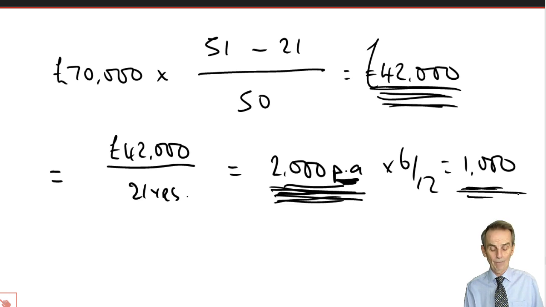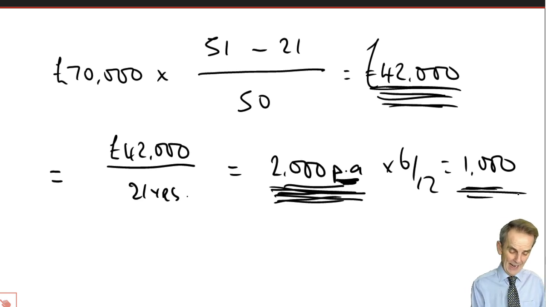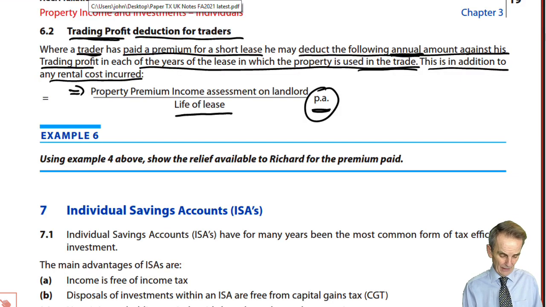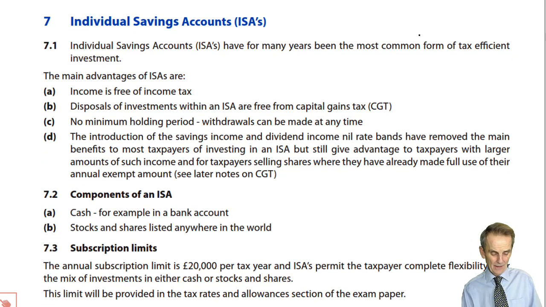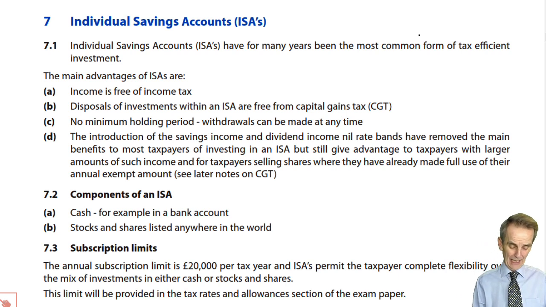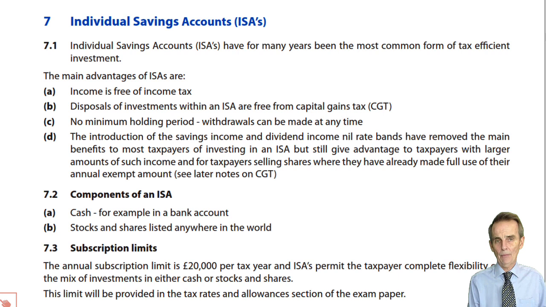Okay, just one final thing to look at now, very briefly, having sorted out the property income, about ISAs and about some national savings and investment account interest. ISAs we saw back in chapter 2 in about the first lecture about exempt income.